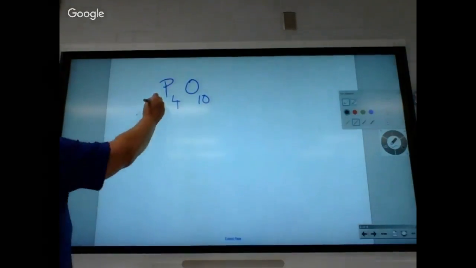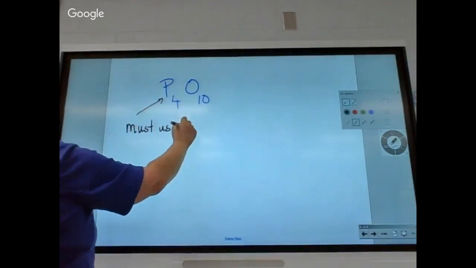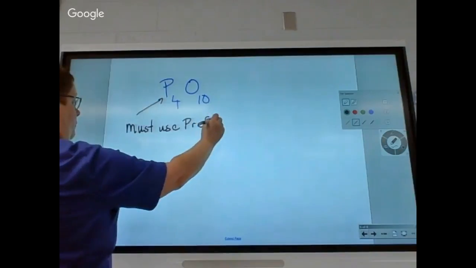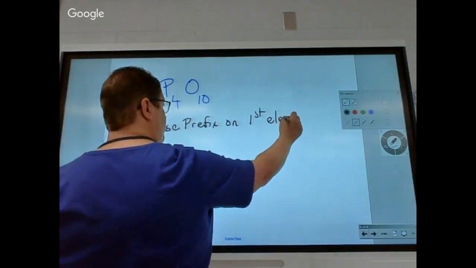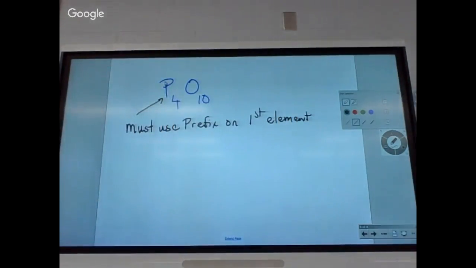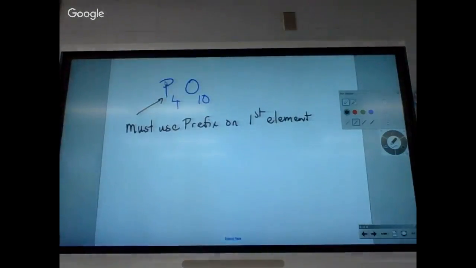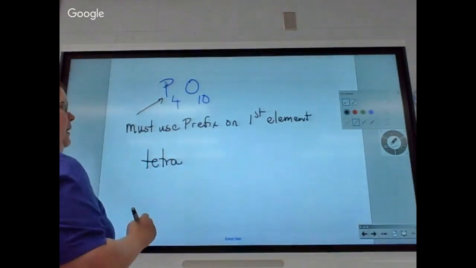So this time we must use a prefix on the first element. So what prefix are we putting on that first element? So we're going to write tetra. All right, what's the P?